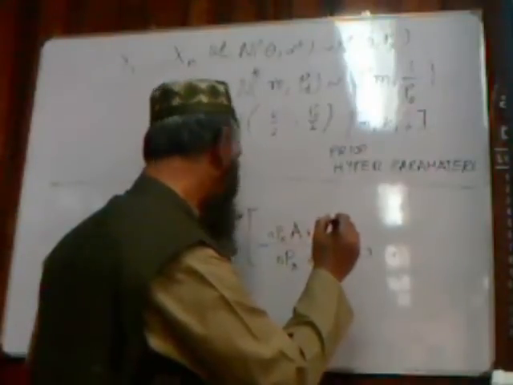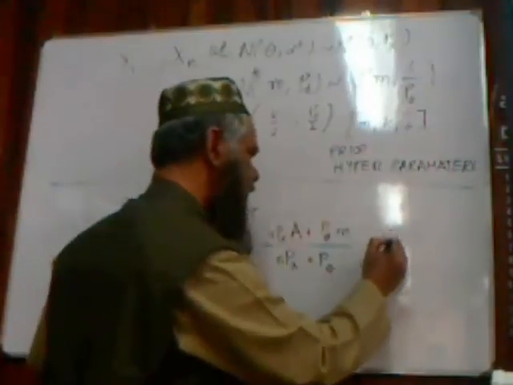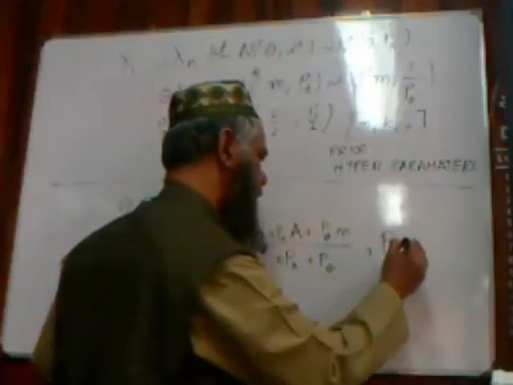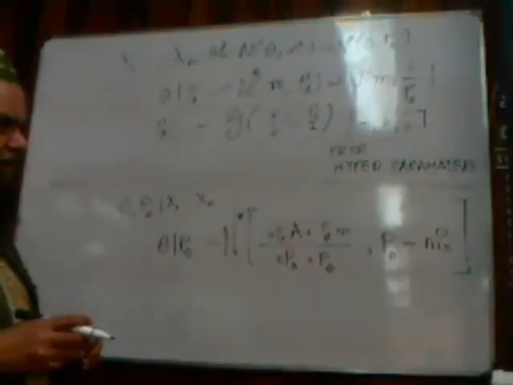And now the variance, well, I've used the n star, so the precision is just the sum of the two. So this is the posterior density. It's very natural, you just add the two.